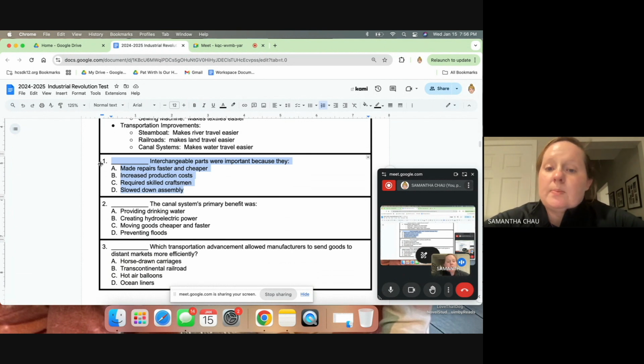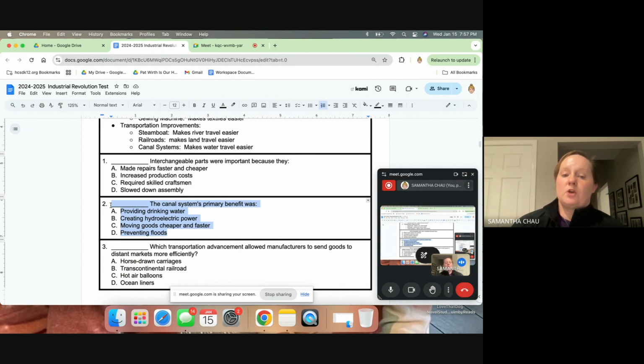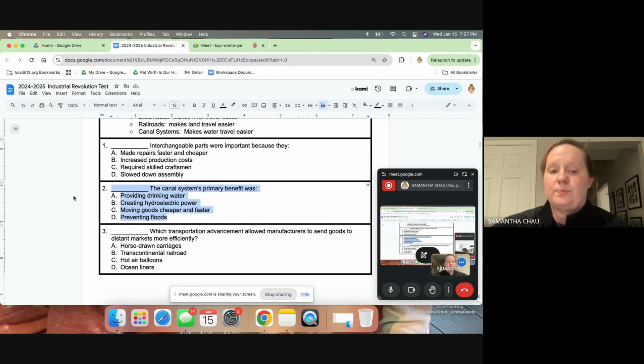Interchangeable parts were important because they... Number 2, the canal system's primary benefit was to provide drinking water, create hydroelectric power, move goods cheaper and faster, prevent floods. Number 2.